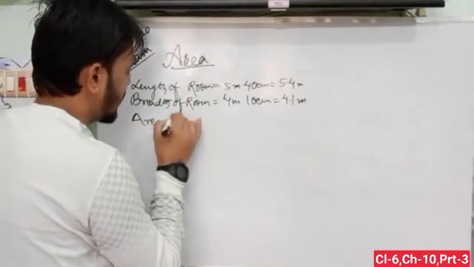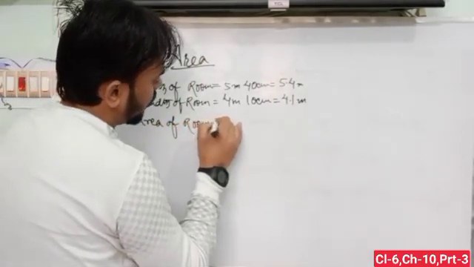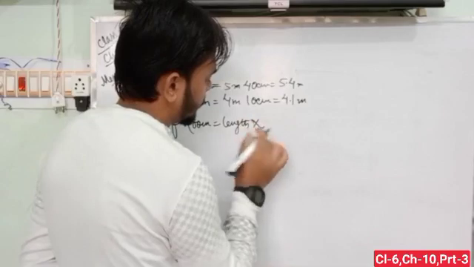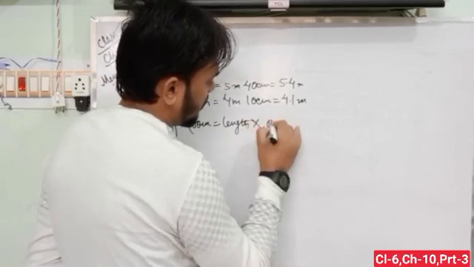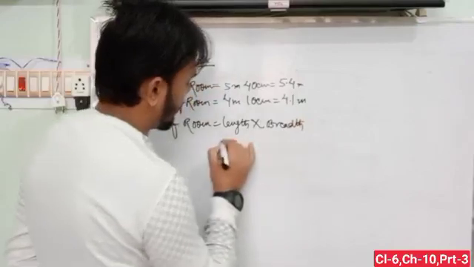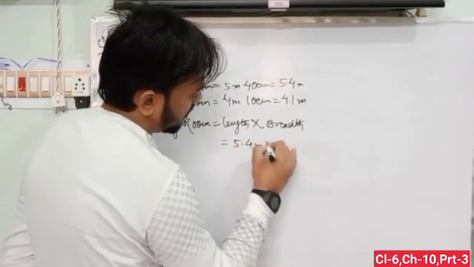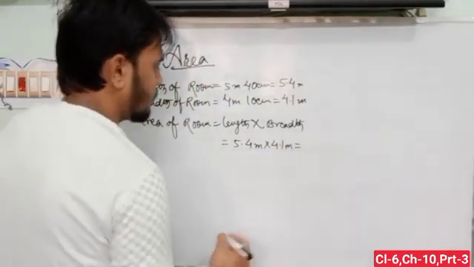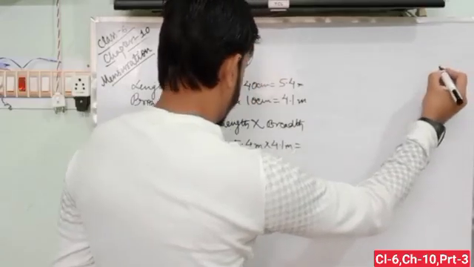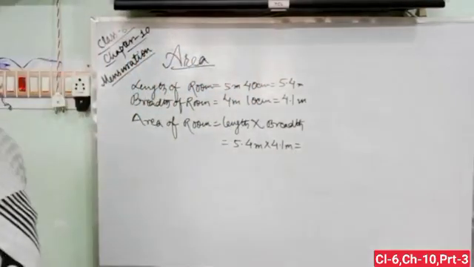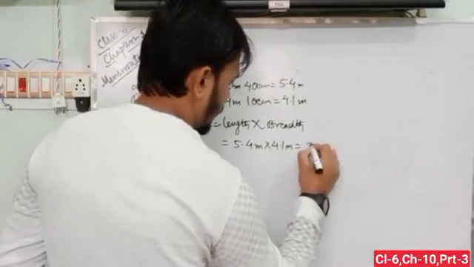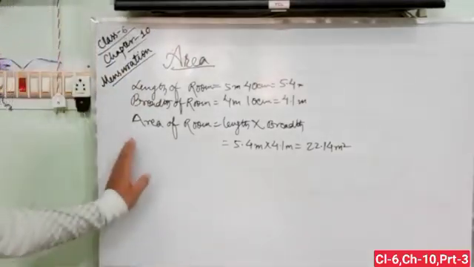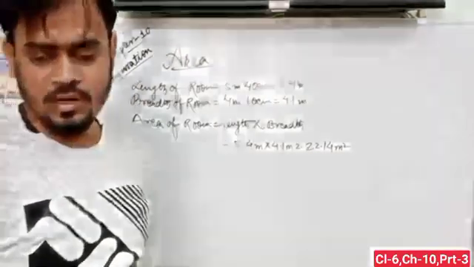So first of all find the area of room, is equal to length times breadth, and 5.4 meter times 4.1 meter is equal to 22.14 meter square.